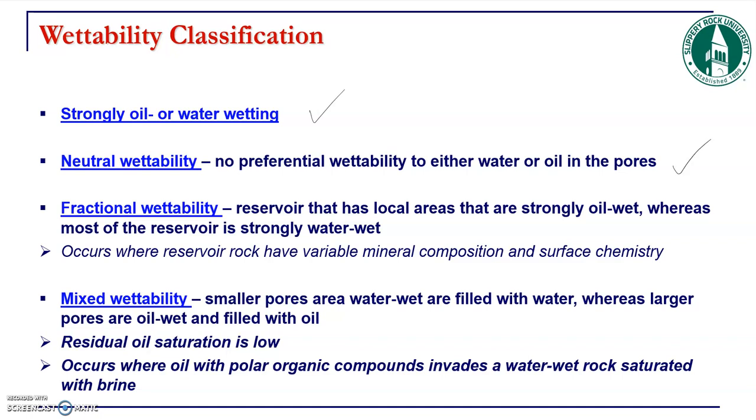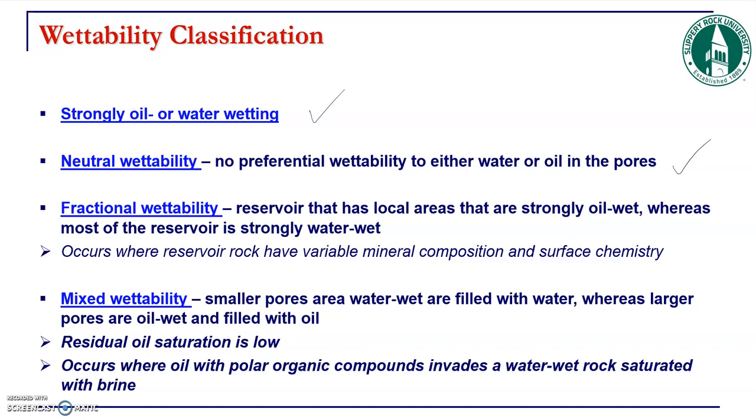But the confusing definitions are fractional wettability and mixed wettability, which actually happen more inside the reservoirs due to the heterogeneous nature of the rocks. So what is fractional wettability? Fractional wettability means that some part of your reservoir is strongly water wet, and some part of the reservoir is strongly oil wet.